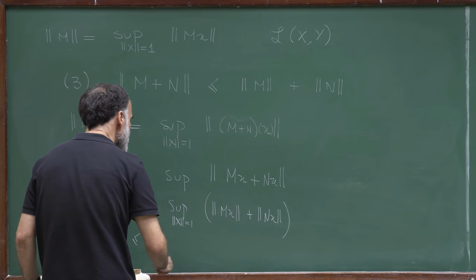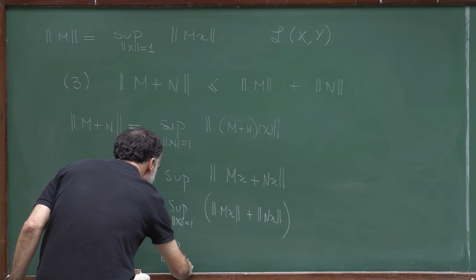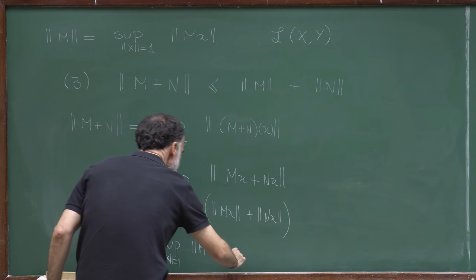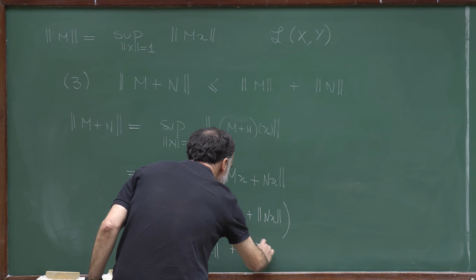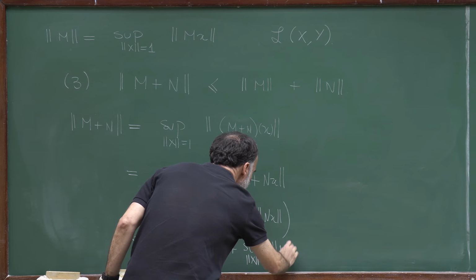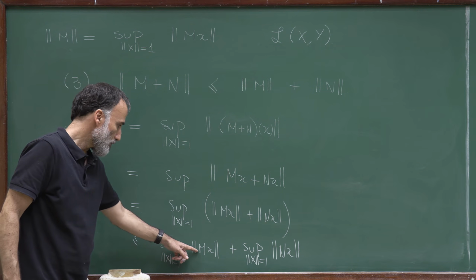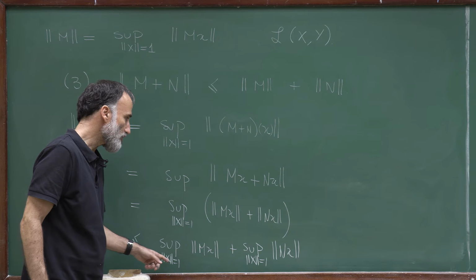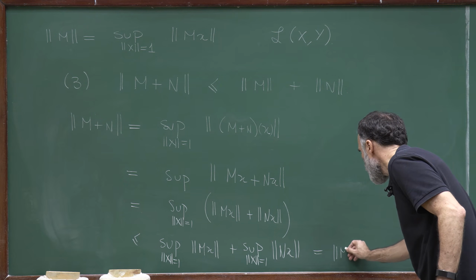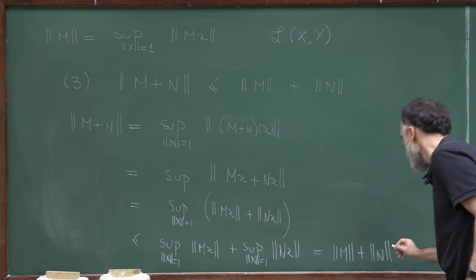So this is less or equal than the supremum for x equal to 1 of the norm of mx plus the supremum for x equal to 1 of the norm of nx. And by definition, the supremum of the norm of mx is the norm of m, and this supremum is the norm of n, so this is equal to the norm of m plus the norm of n.